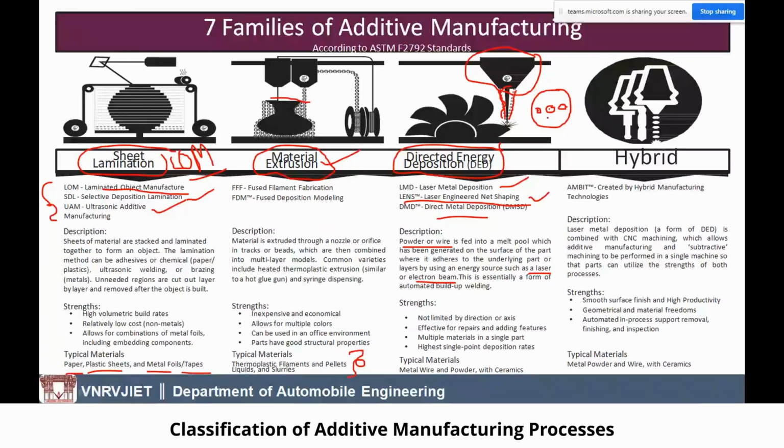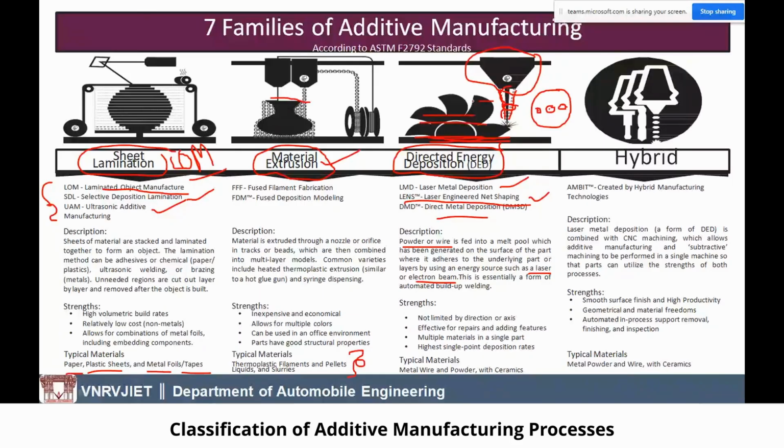So the laser beam or electron beam will interact with this powder, and as the beam has a high temperature, the powder material will be converted into liquid material, and that liquid material will be deposited onto the platform layer by layer. So the layers will be built, and finally you are going to produce a product.